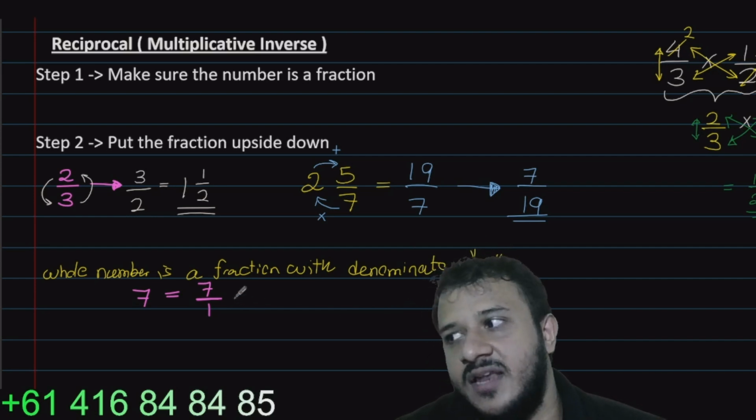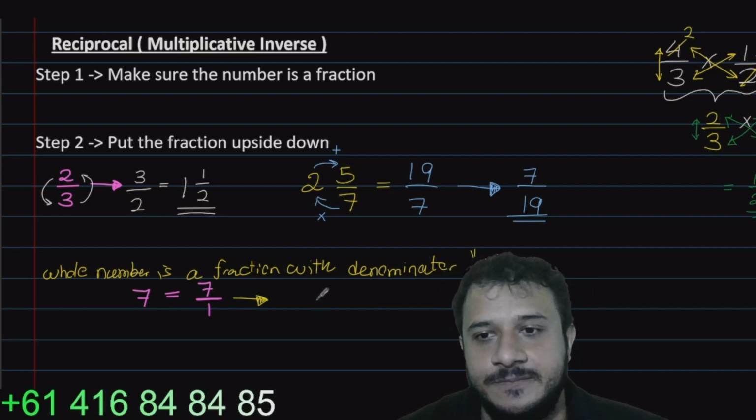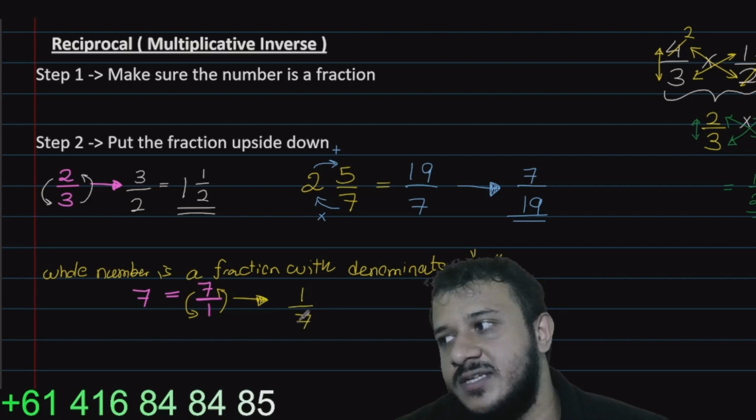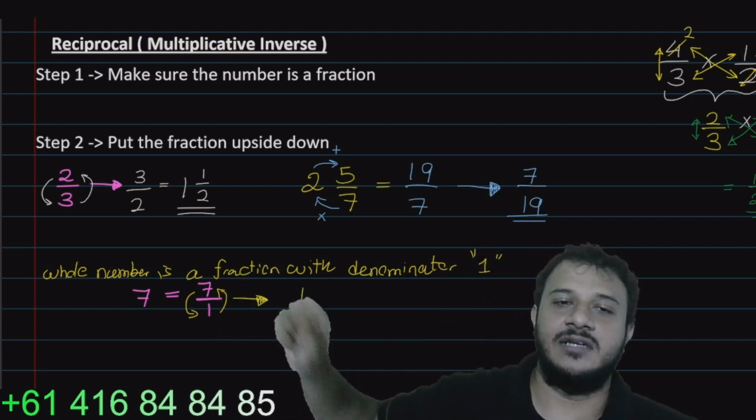And now reciprocal it. What is the reciprocal of 7 over 1? The 1 comes up, 7 goes down: 1 over 7. Reciprocal means making the fraction go upside down.